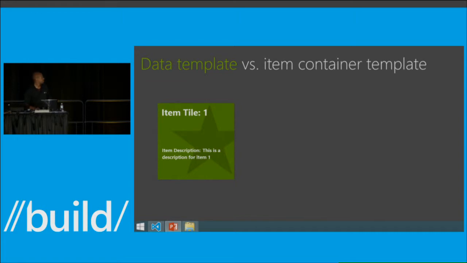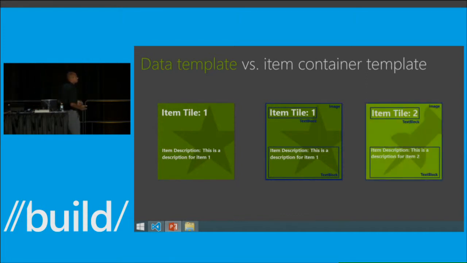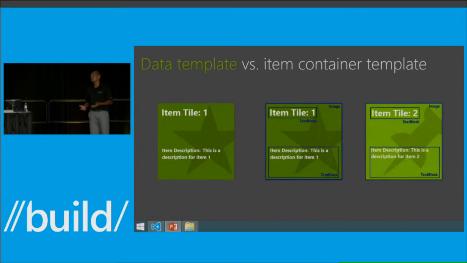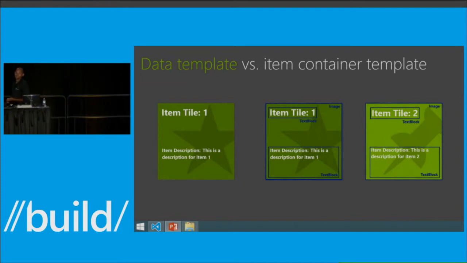So in this example, the data template's made up of an image and two text blocks. When we compare these two GridView items, we see that they have the exact same data template. We're showing the data with an image and two text blocks. However, they're bound to different data sources, which is why the first one shows the data for item 1, and the second one shows the data for item 2.